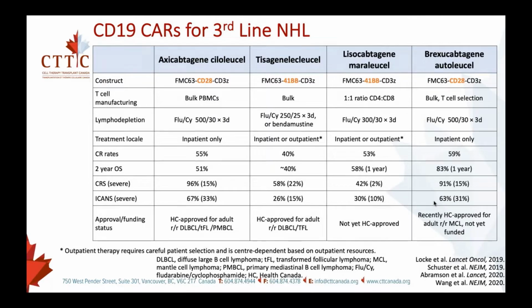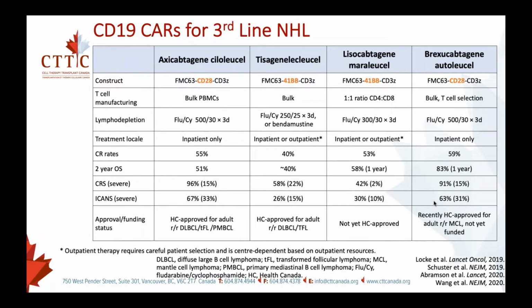Tisa-cel is approved for DLBCL or transformed follicular. Lisocabtagene maraleucel is not yet Health Canada approved, but it is FDA approved, and we're expecting probably in 2024 or so that this will get Health Canada approval. The company has just delayed their plans to come to Canada for this.